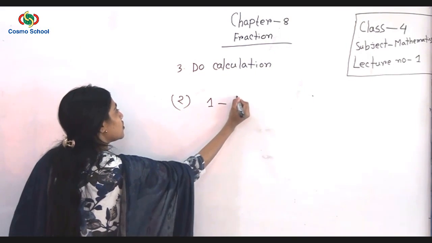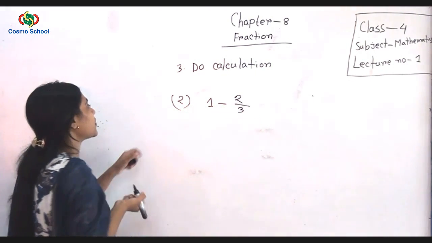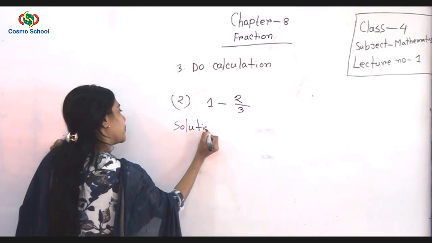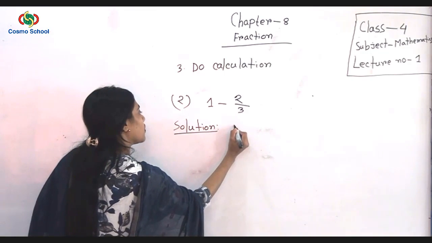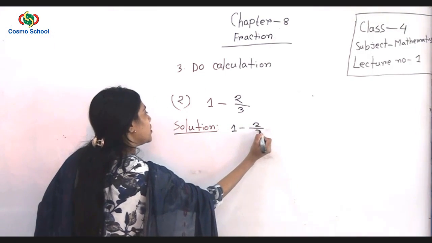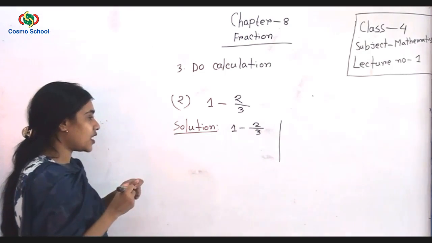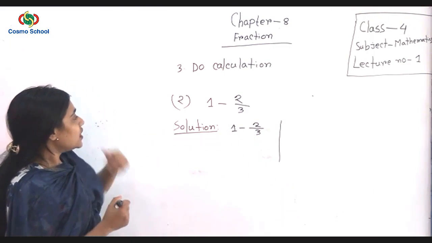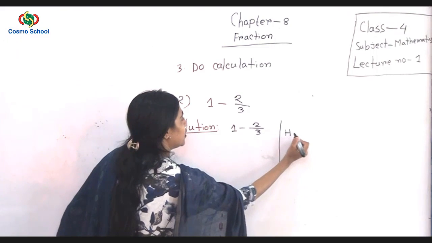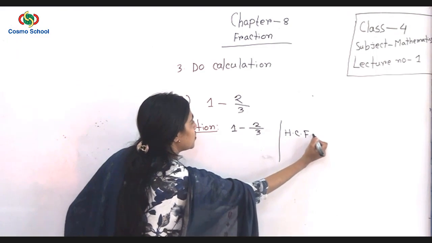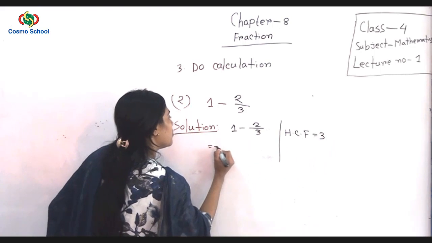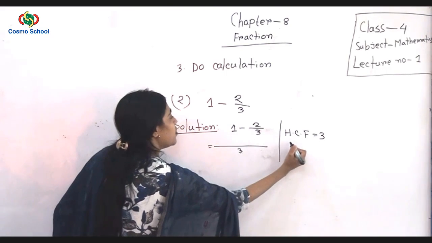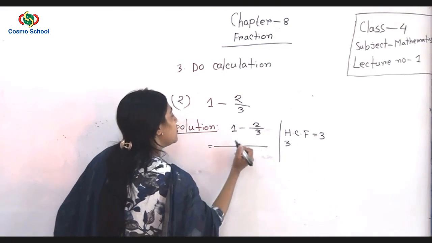1 minus 2 divided by 3. Here, solution. Here 1 is a whole number and 2 divided by 3 is a fraction. So here the highest common factor, the HCF, equals 3. Now I put 3.